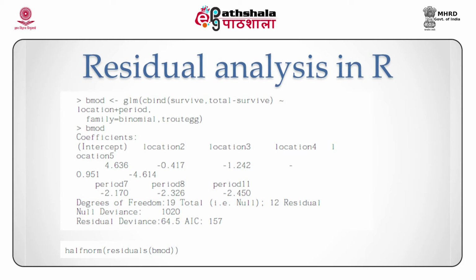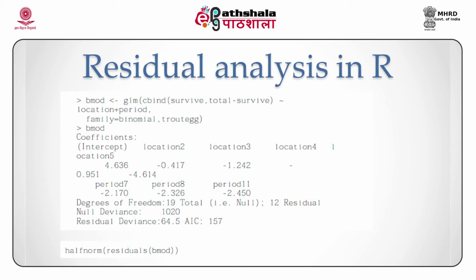So here we have used the glm function on cbind survive and total minus survive, that is the number of successes and the number of failures, and regress this on location plus period. I have stored this in the R object bmod. So note the family is binomial, which by default will fit a logistic regression. When I call bmod, I can see the coefficients and the deviance.